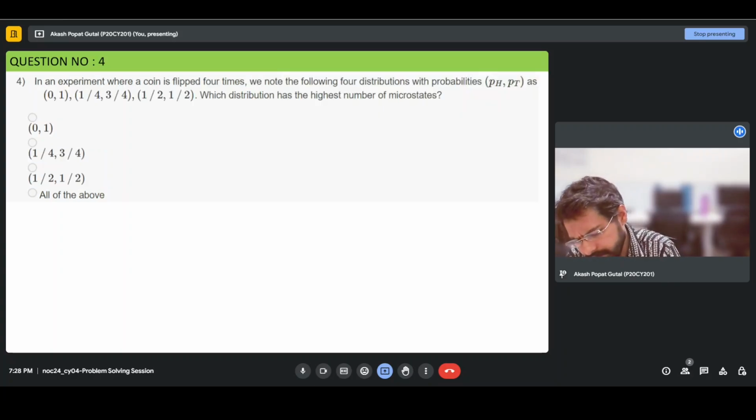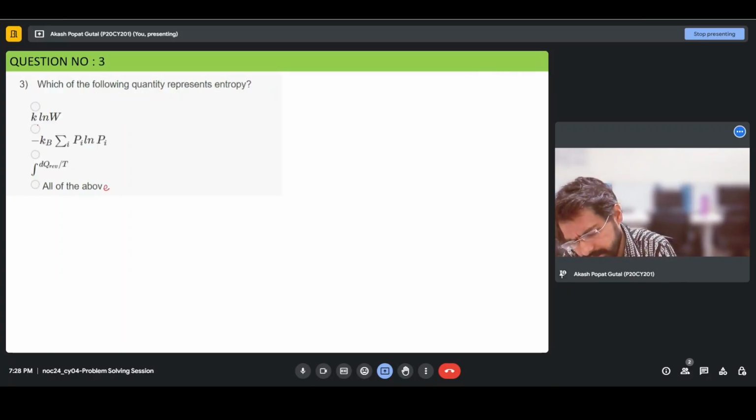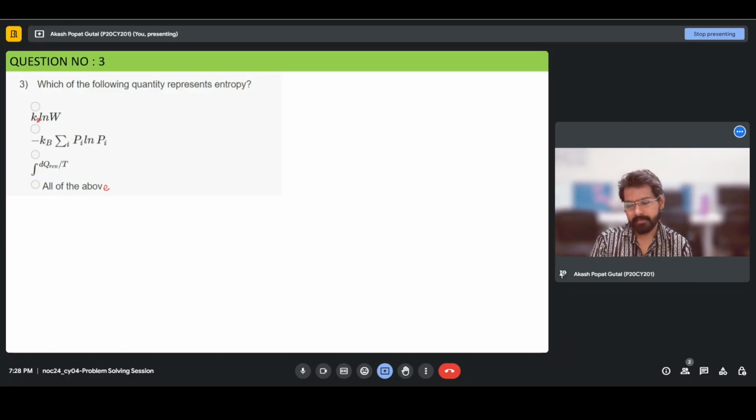So the K here in this equation should be considered as kB, the Boltzmann's constant. So we will solve this question.